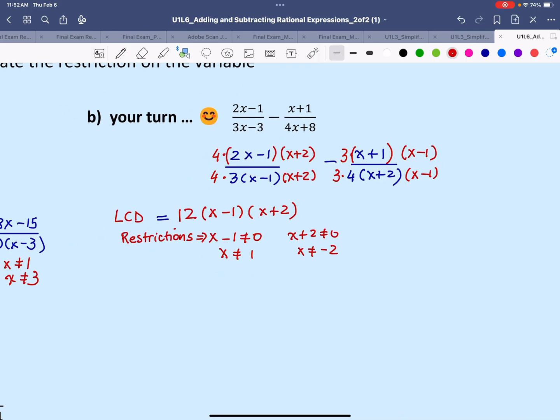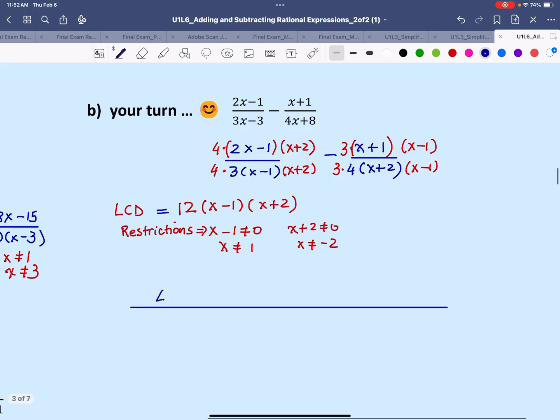So now that the denominators are the same, 12 times x minus 1 times x plus 2, and 12 times x plus 2 times x minus 1, we're going to write the entire expression into a single rational expression. So we're going to have in here a 4 times 2x minus 1 times x plus 2, minus 3 times x plus 1 times x minus 1, over the lowest common denominator, 12 times x minus 1 times x plus 2.